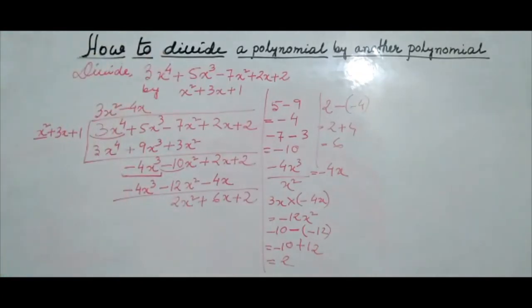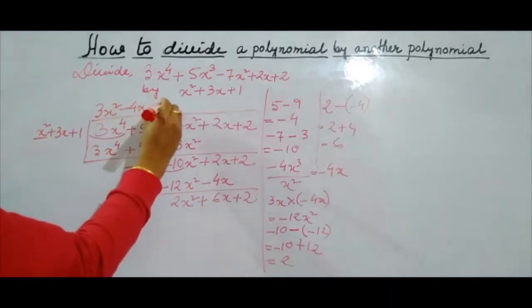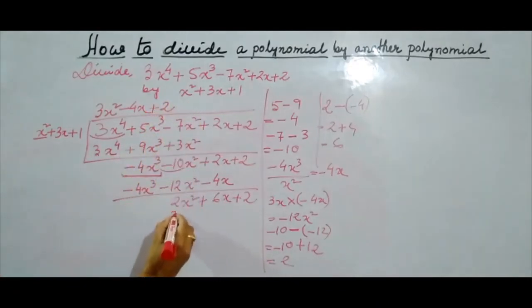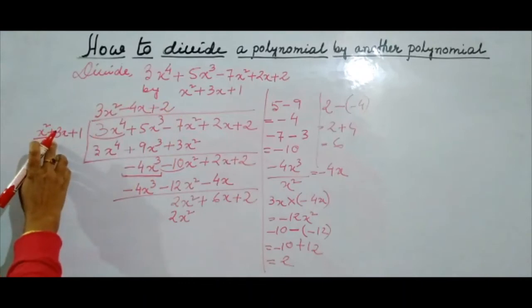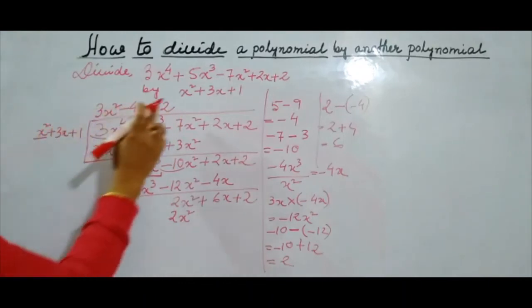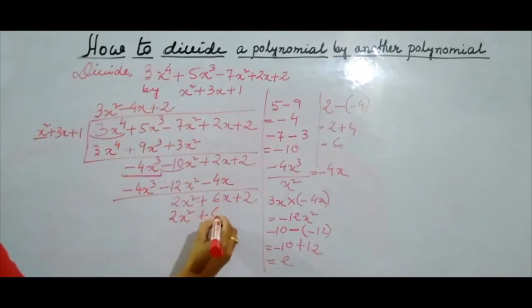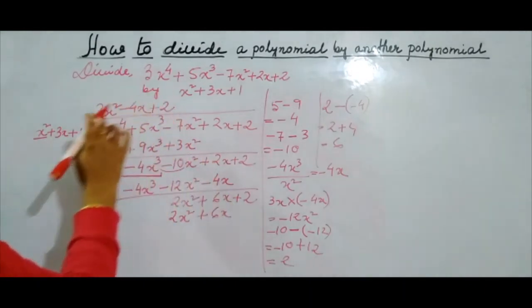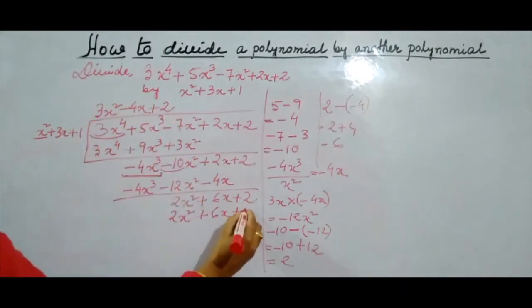Isn't it interesting? Now to get 2x square we have to multiply x square by what? This is very simple, it will be plus 2. So this will become 2x square. Then this 2 we have to multiply by 3x, so it will be 3 2s are 6x, then 2 ones are plus 2.